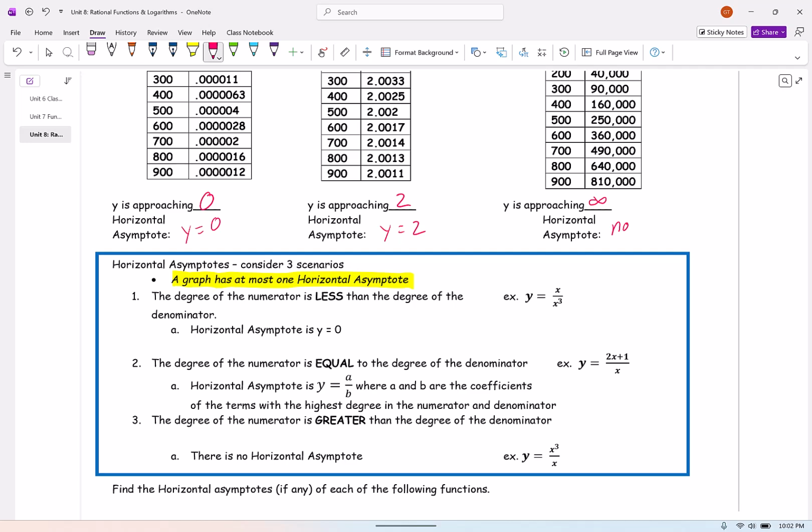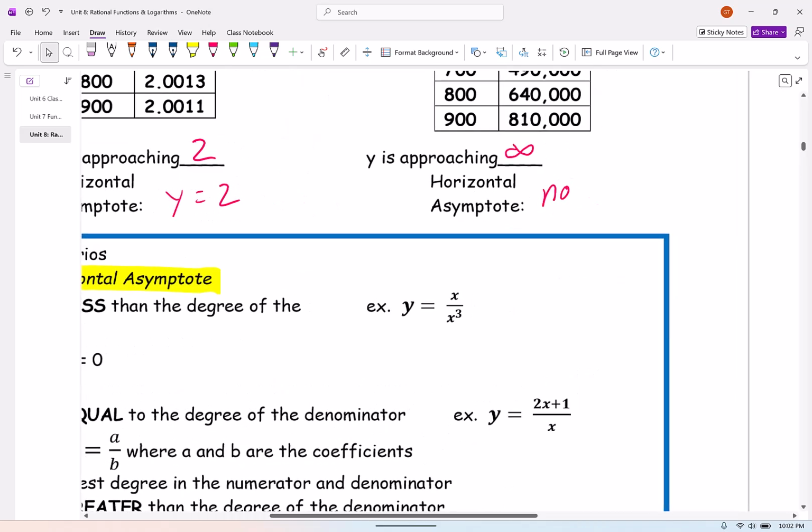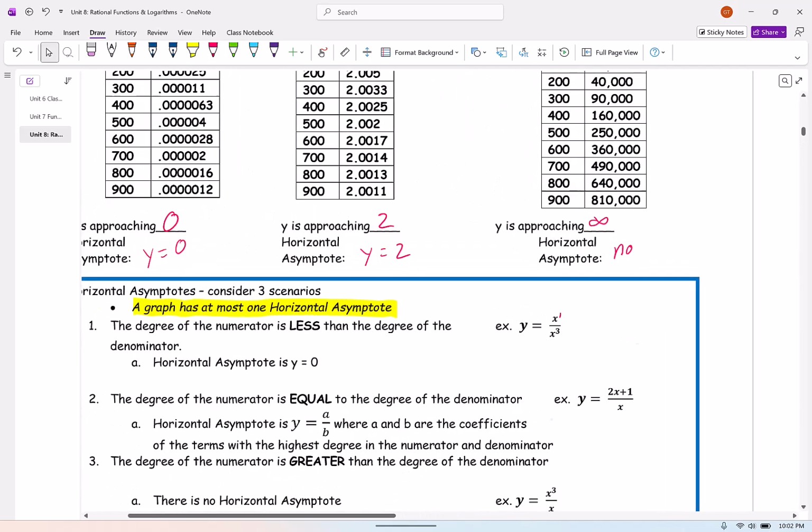So if the degree of the numerator is less than the degree of the denominator, as we can see over here, this is just x to the first, and then we have x to the third. So we're comparing those exponents, noticing the degree. And so if the degree of the numerator is less than that of the denominator, then the horizontal asymptote is y equals 0.